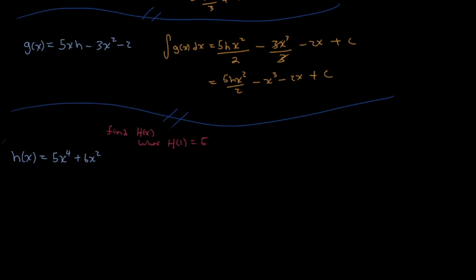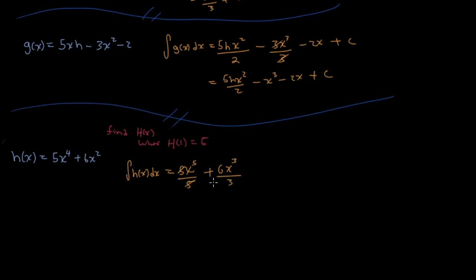Again, the process would be the same. This is still an indefinite integral. So the integral of h at x dx is equal to 5x, and we're going to raise that exponent to a 5 and divide by the exponent, and then these would cancel out, plus 6x, I'm going to raise this exponent to a 3 and divide by that 3.